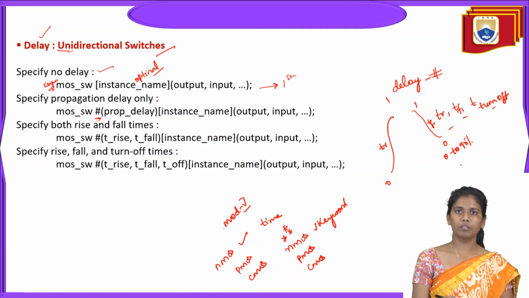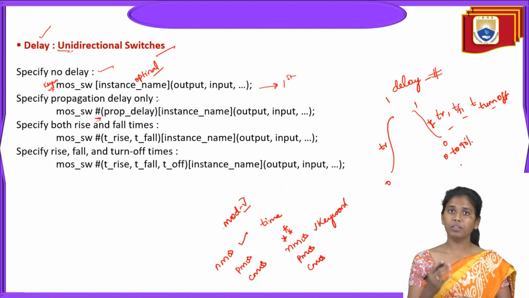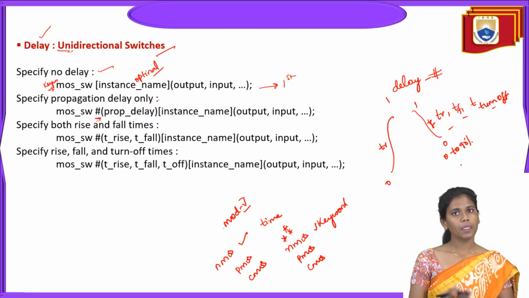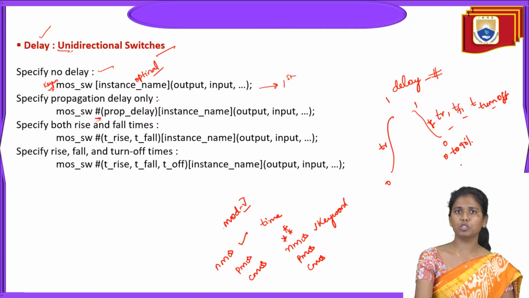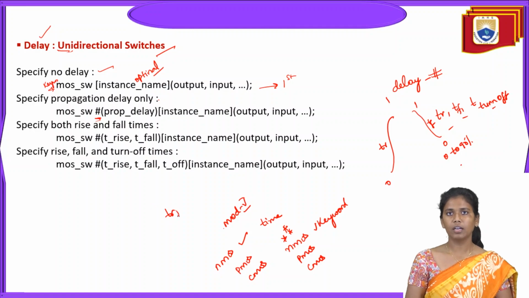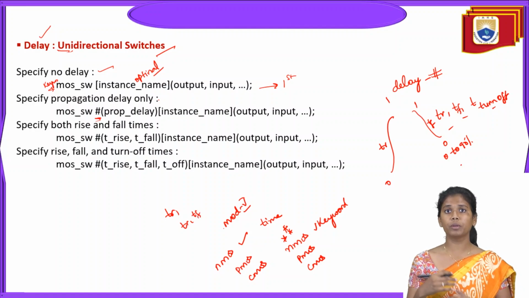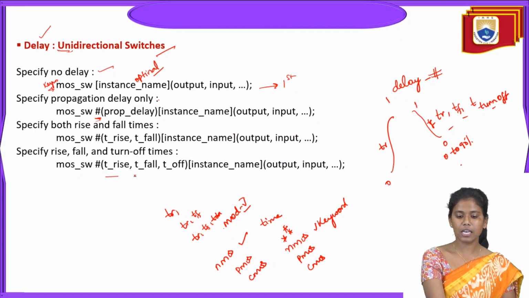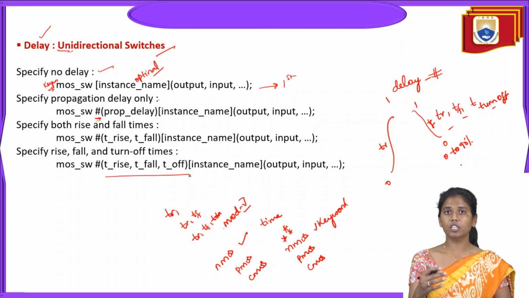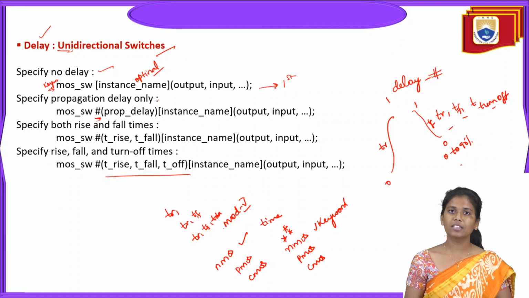So we can write our code with respect to how many delays you are specifying. Sometimes there is a possibility of specifying only one delay, TR. Sometimes two delays, TR and TF. And in other situations we have come across three delays, that is TR, TF and T off, turn off time. This is how the representation takes place in terms of delays with respect to rise time, fall time and turn off time in the unidirectional switches.